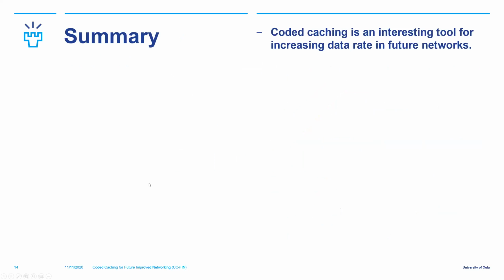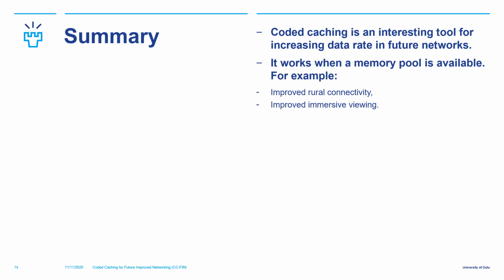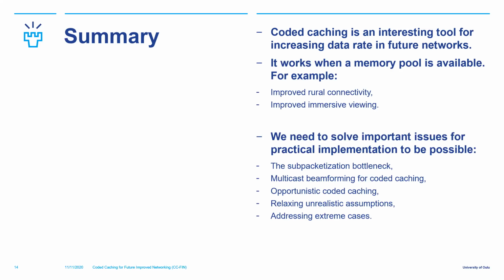So as a summary, coded caching is an interesting tool, an interesting option for increasing data rate in future networks. It works when a memory pool is available, for example, improved rural connectivity or improved immersive viewing, which are both important use cases of future networks. And we need to solve important issues for practical implementation: the subpacketization bottleneck, multicast beamformer design, and this strict requirement for a placement phase, which can be solved by opportunistic coded caching.